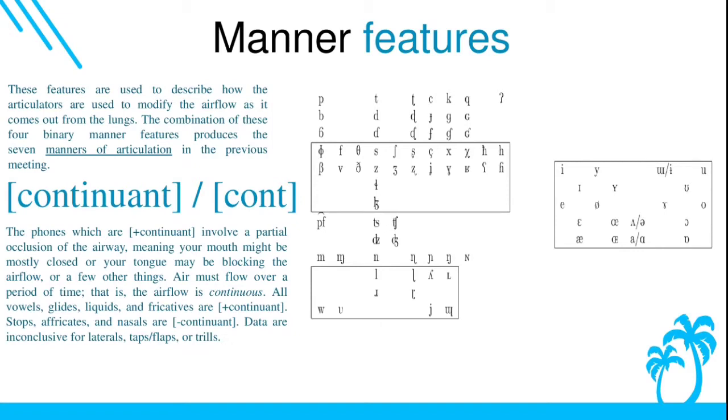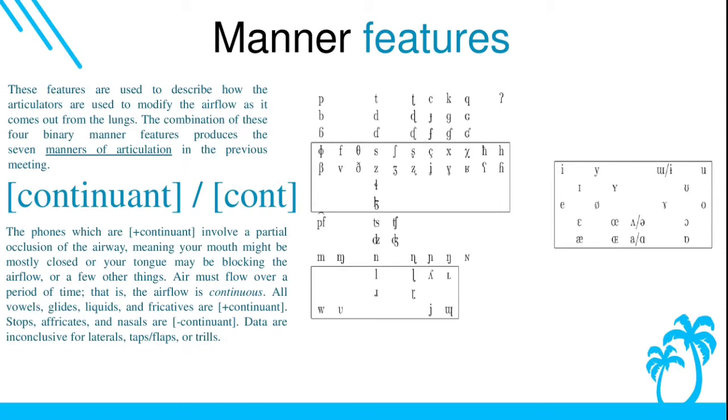The first manner is continuant. The phones which are plus continuant involve a partial occlusion of the airway, meaning your mouth might be mostly closed or your tongue might be blocking the airflow, or a few other things. Air must flow over a period of time.